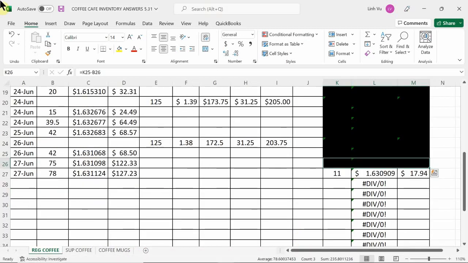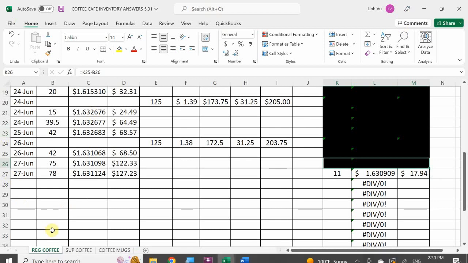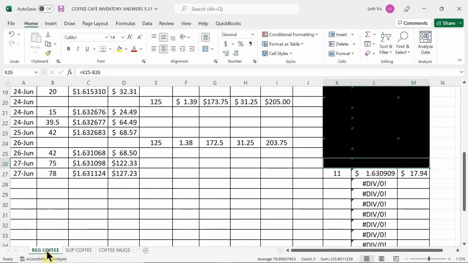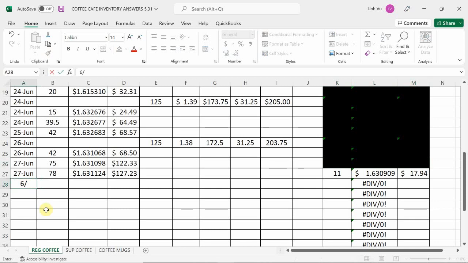Last but not least, I need to now update my inventories. Okay, starting with regular coffee. Purchased 125 pounds at, I believe it was $1.42 or something like that. Let's see. Oops, maybe $1.41. $1.40.